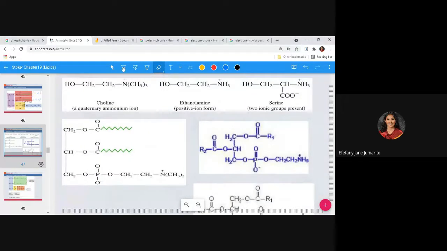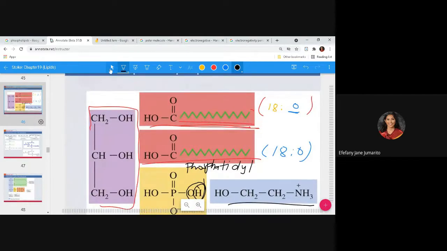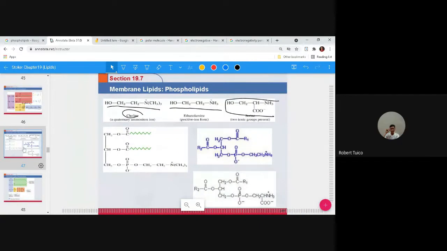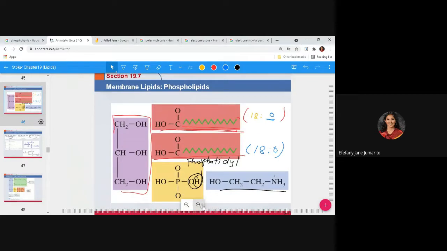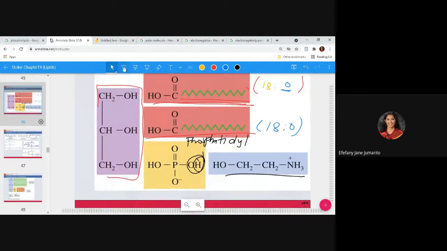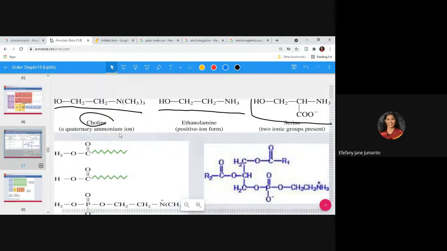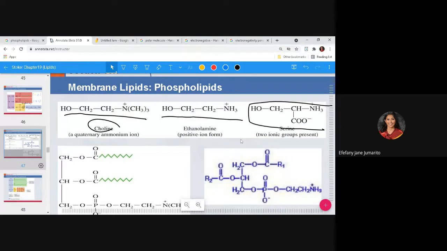We have three amino molecules: choline, ethanolamine, and serine. So, what is this one? Choline, ma'am. Yes, it's choline. Ma'am, I can't see the ethanolamine clearly. Okay, I'll write it above: choline, ethanolamine, and serine.